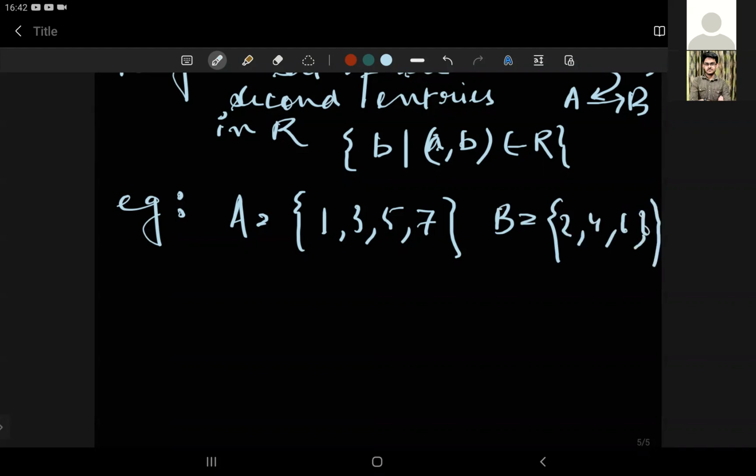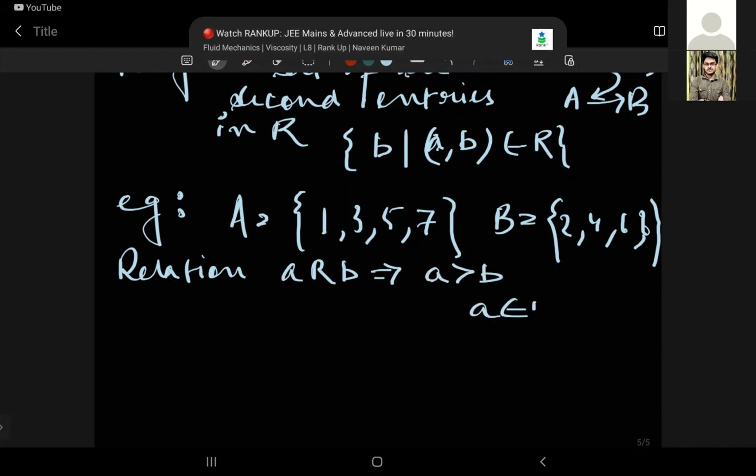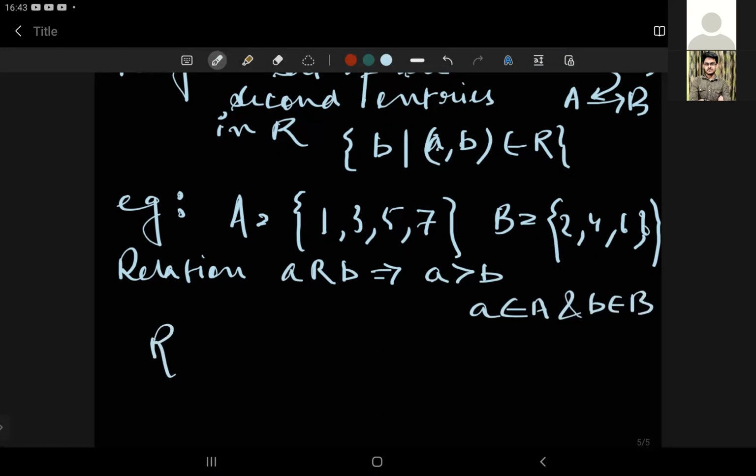Then let's define the relation ARB as A greater than B, where A belongs to A and B belongs to B. What are the elements of R? How many elements are there in R? Just anyone calculate and tell me.